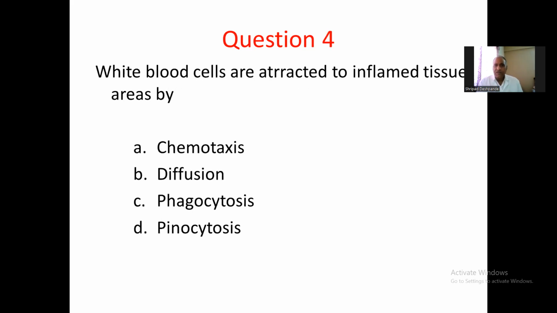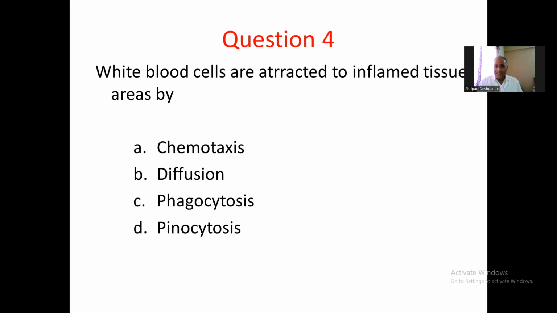Question number 4. White blood cells are attracted to inflamed tissue areas by A. Chemotaxis, B. Diffusion, C. Phagocytosis, D. Pinocytosis. Diffusion is a process of distribution of various ions and substances in the fluid.